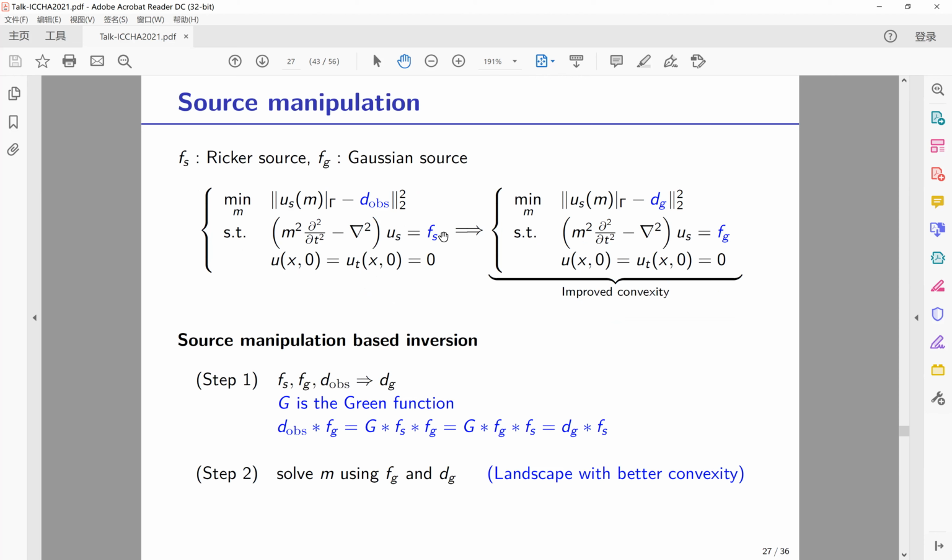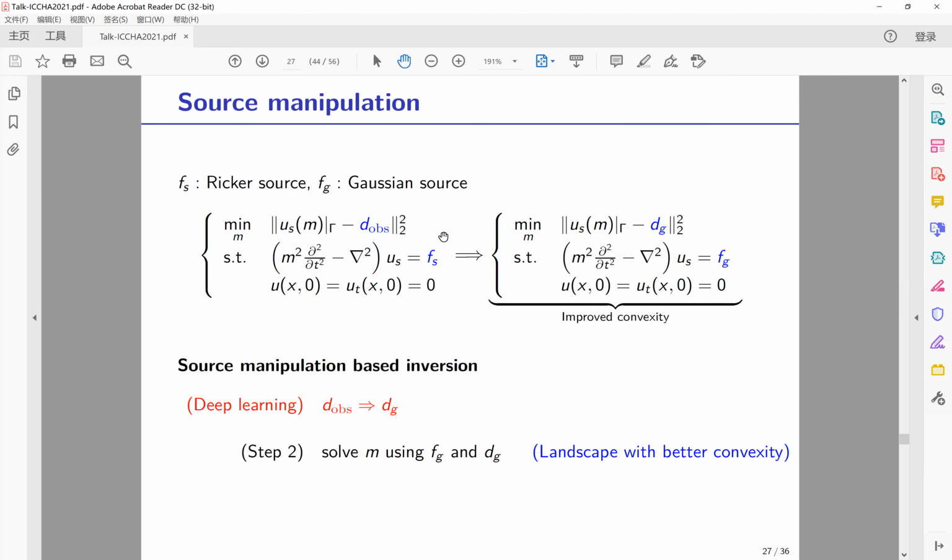We can use any existing deconvolution technique to get this Dg. Here we use a deep learning approach to infer this Dg, and we do not directly solve the inverse problem with end-to-end training.